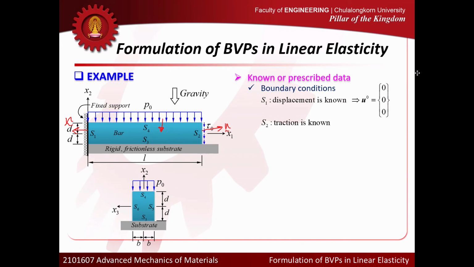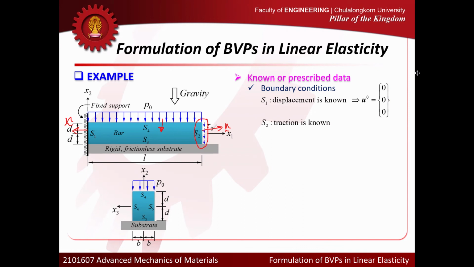How about the surface S2? On that surface, we don't know the displacement, but we know the traction. We know traction in all directions, but the only one that is non-zero is the traction along the negative x2 direction. We don't have traction in the x1 or x3 direction, and we know those two components are zero.